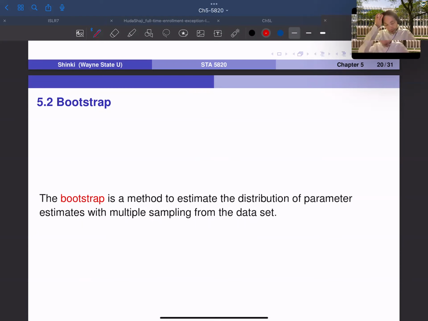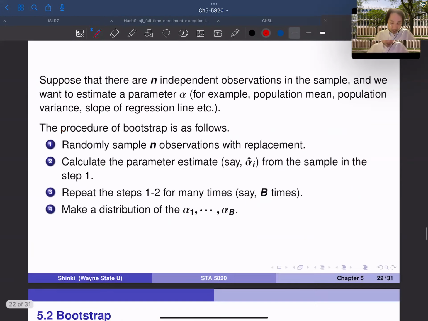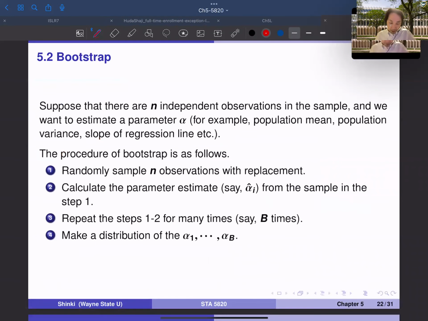Okay, so the next method is Bootstrap. Bootstrap is a method to estimate the distribution of parameter estimates with multiple sampling from the data set. Let's go to the example first. Suppose that we have n independent observations in a sample, and we want to estimate the parameter alpha, for example, the population mean, population variance, or slope of regression.